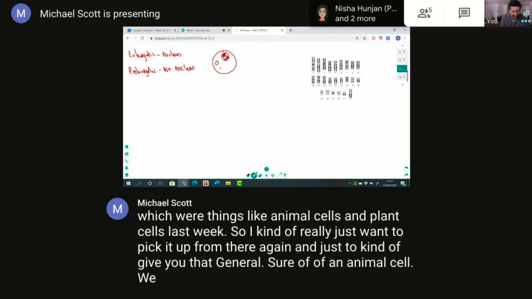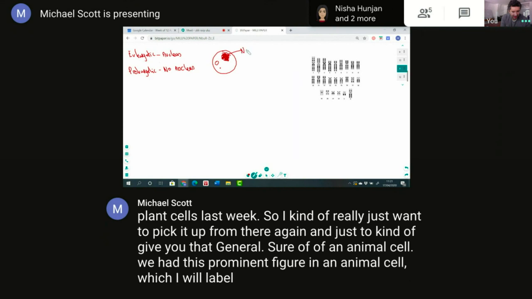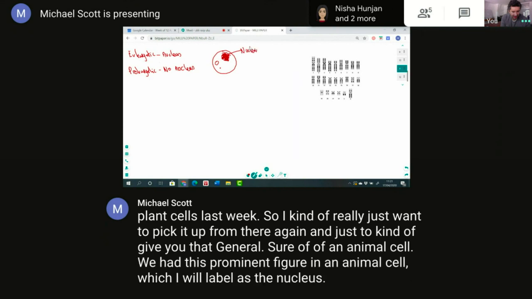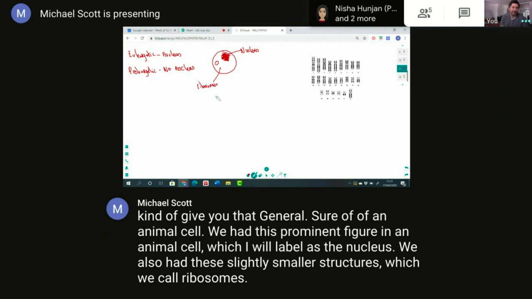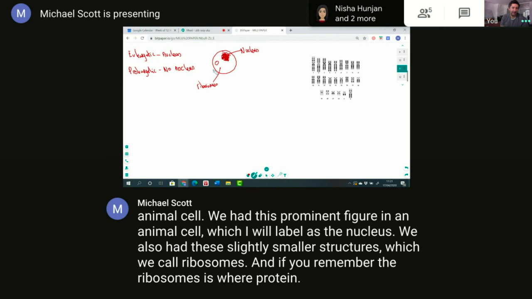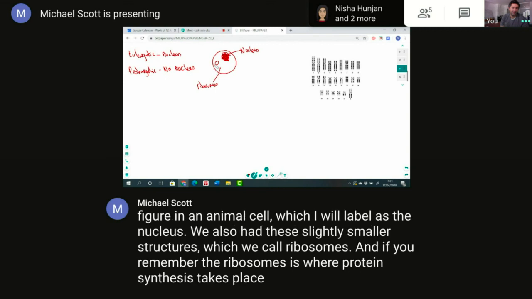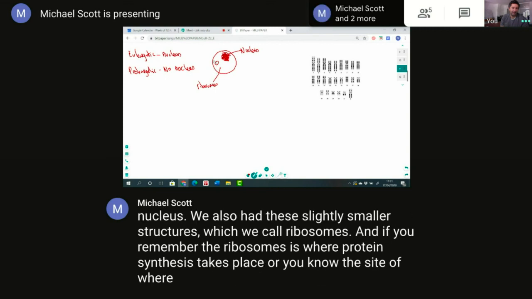We had this prominent figure in an animal cell, which I will label as the nucleus. We also had these slightly smaller structures, which we call ribosomes. The ribosomes is where protein synthesis takes place, or the site where proteins are made.